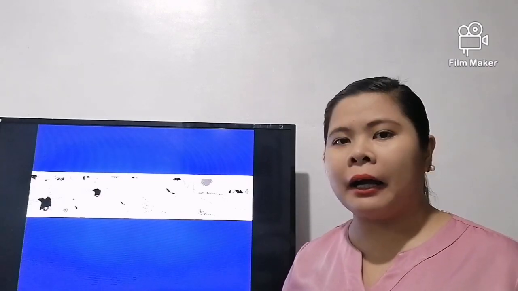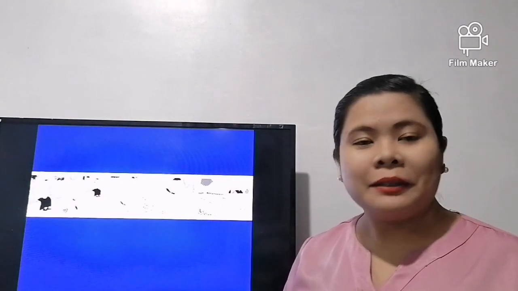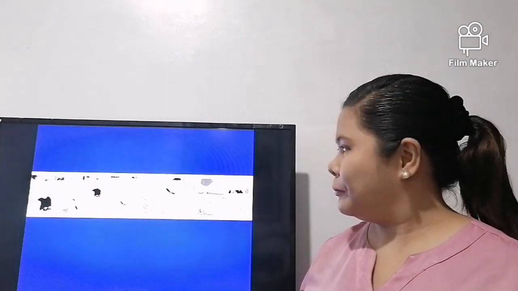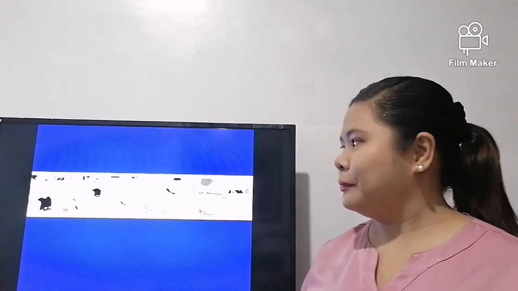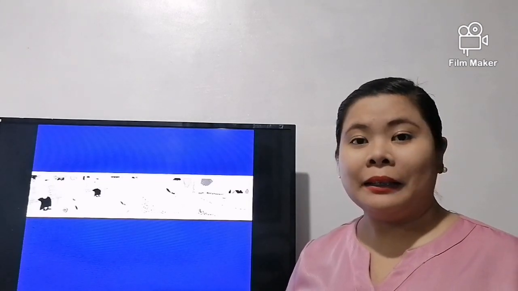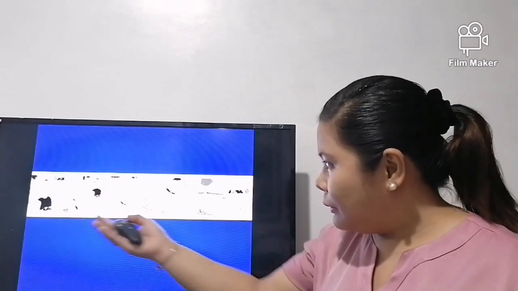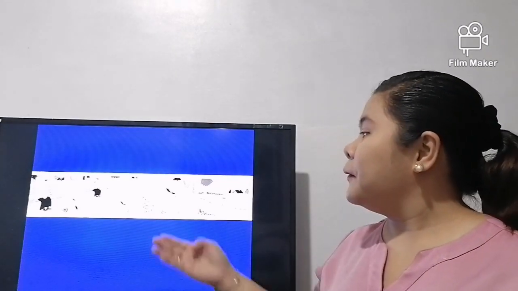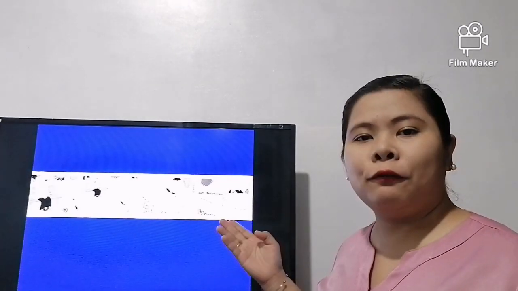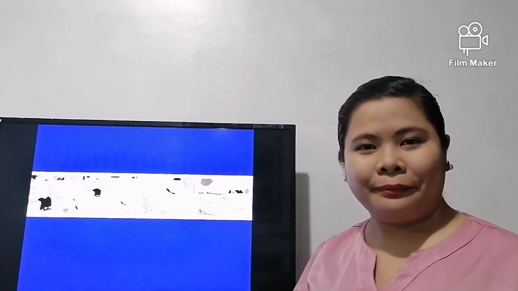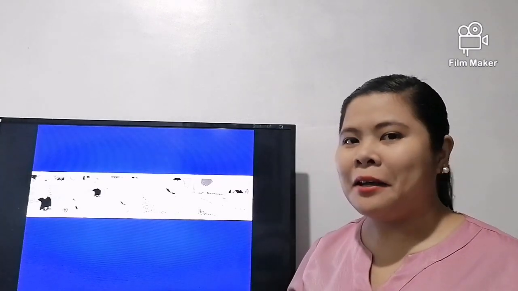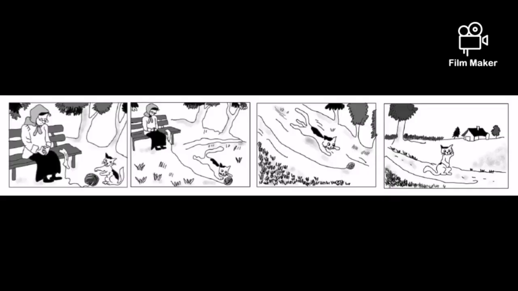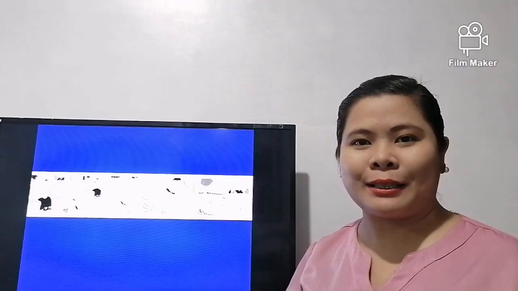You are to identify the plot, setting, and the characters. Take a look at the picture. This is the first picture, second, third, and fourth. Alright, that is our very first learning task.